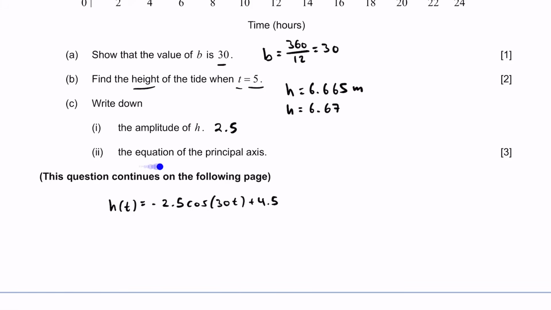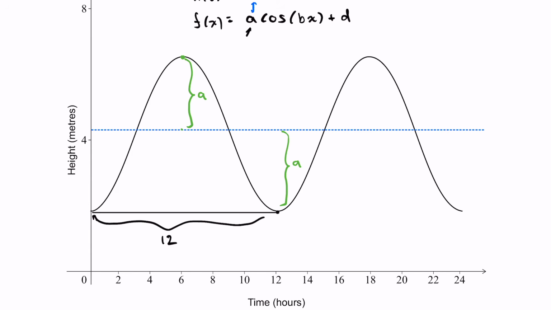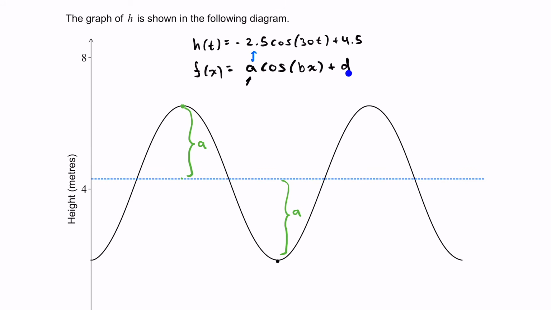All right, and what is the equation of the principal axis? So let's look at this once again. The principal axis, I've called it a midline a few times. This is essentially the value d right here, what we shift our function up or down by.